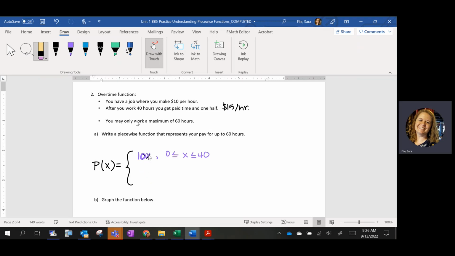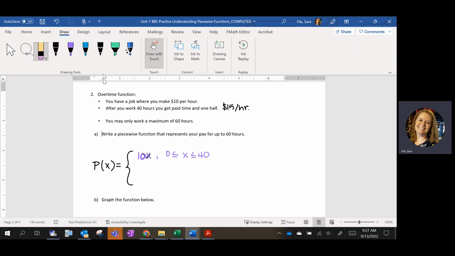You only start making the $15 an hour once you reach 40 hours. So how would I start my equation here? If I'm working over 40 hours, what's the base pay I'm getting? I'm definitely going to get the 400 for the first 40 hours, right? So I'm getting 400.